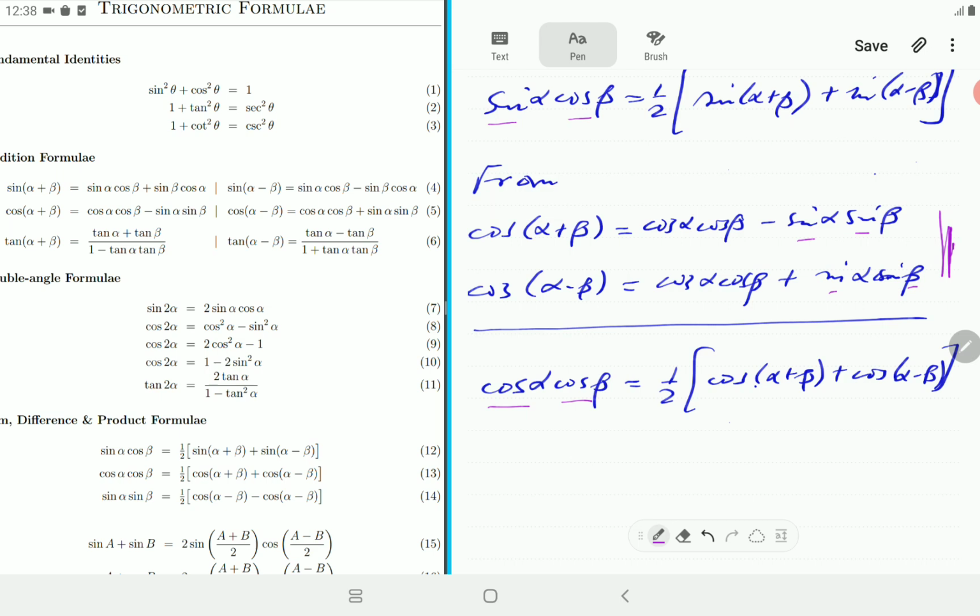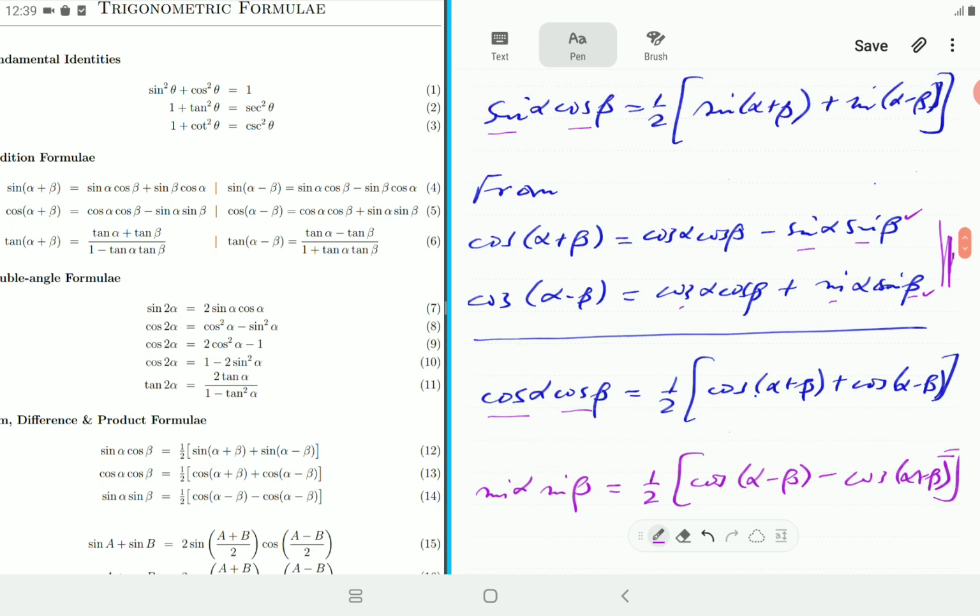So in that case, if we subtract this formula from this one, then the cos terms will cancel out. So we'll end up with sine alpha sine beta is equal to 1/2 of cos(alpha minus beta) minus cos(alpha plus beta). So now we have all three formulas.